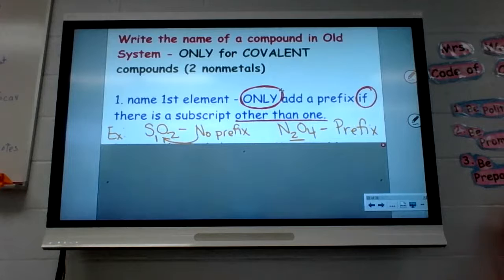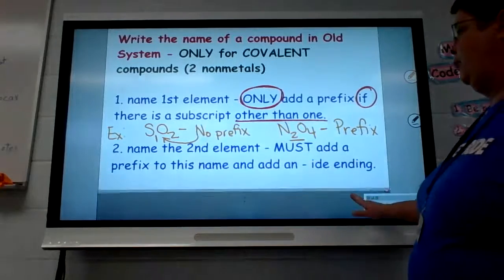You have to look at that first element and see what subscript it has. Because sulfur has a 1, sulfur's not going to get a prefix. But nitrogen has a 2, so nitrogen will have a prefix. Are you with me on that? Okay. We're going to talk about the prefixes in a minute, because I know y'all don't remember them all.